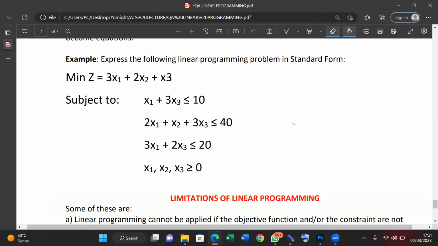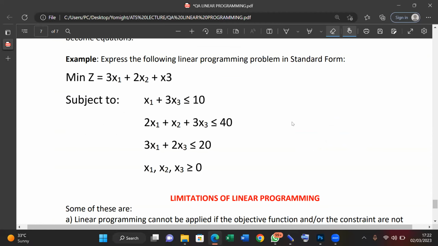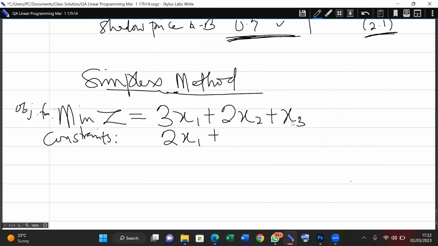The first one, your subject to, is 2x1. We are going to rearrange them. Just don't worry yourself, okay? Let's first write this one. We have 2x1 plus 3x3 less than or equal to 10.